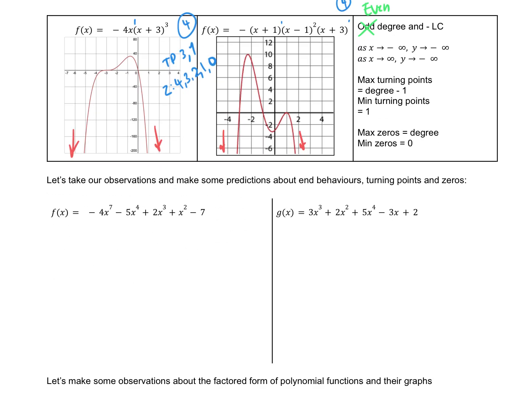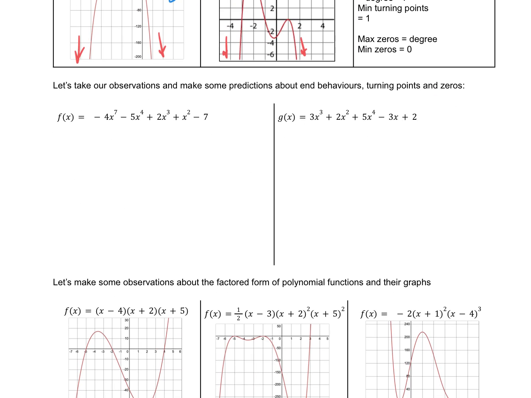Okay. So now let's take these observations and make some predictions about end behaviors, turning points, and zeros. So for my first function here, my degree is 7. We're looking at this term right here. And the leading coefficient is negative. So we have an odd degree with a negative leading coefficient.